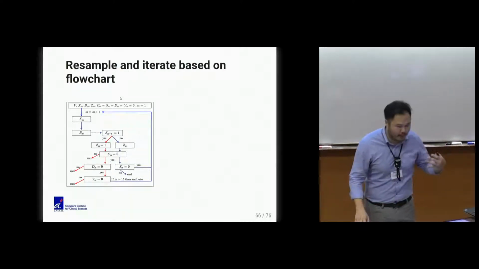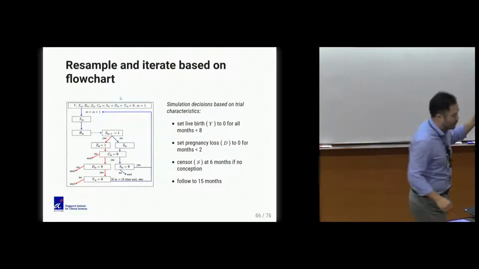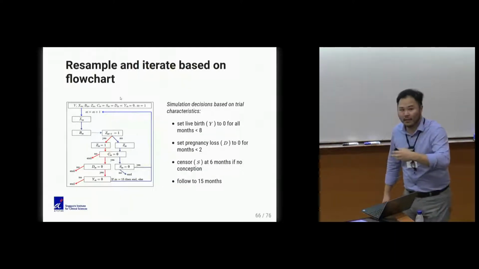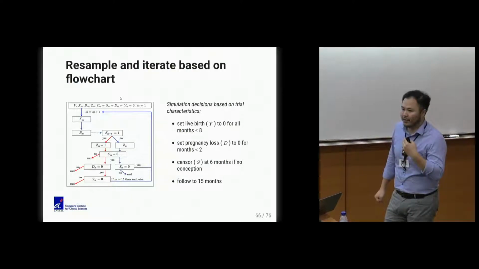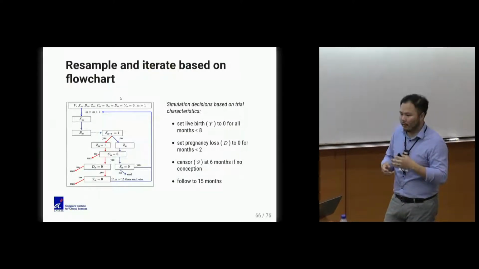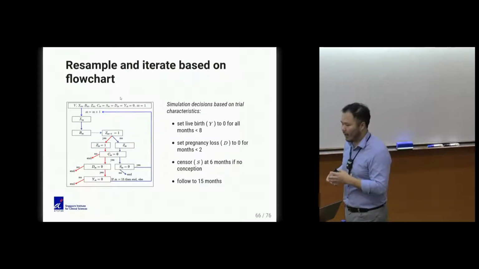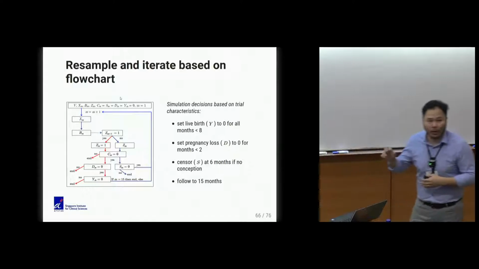All right, built these models, you take a resample, and you iterate through it. The one thing that helps increase the efficiency of this simulation is to put in the features of the observational study or the trial that actually are deterministically known to exist.